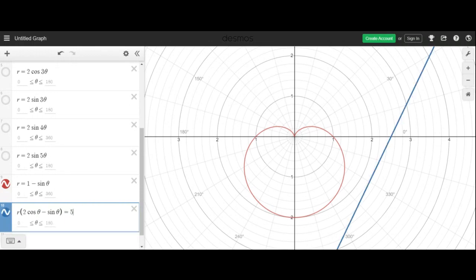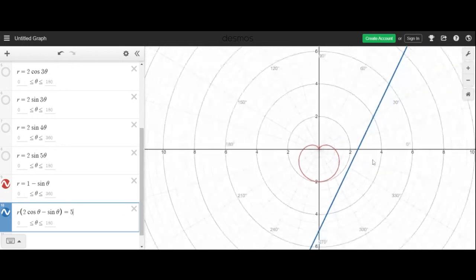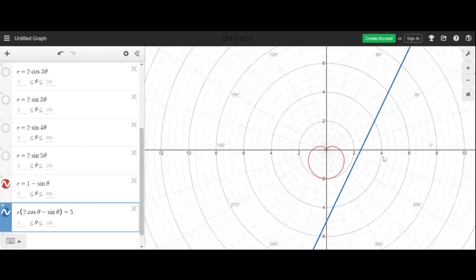And there's the line that we converted from rectangular to polar coordinates. That was 2x minus y equals 5. So that would be y equals 2x minus 5. So it would have a y-intercept of 5, a slope of 2.